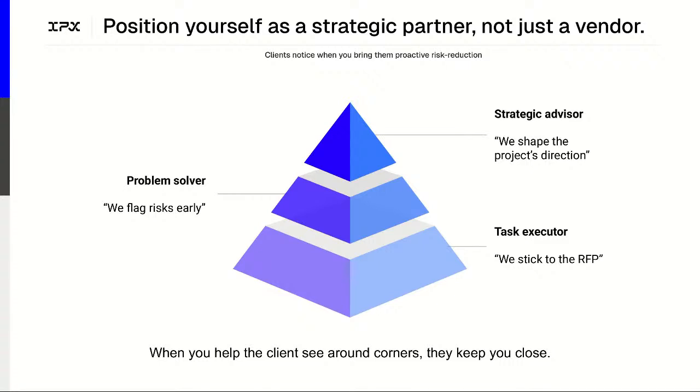And ultimately, this is really about positioning us as AEC professionals as a strategic advisor, right? The task executor is just going to stick directly with what the owner has asked us to do, or what's inside the RFP. Problem solver, we can flag risks early, but as a strategic advisor, we shape the project's direction.